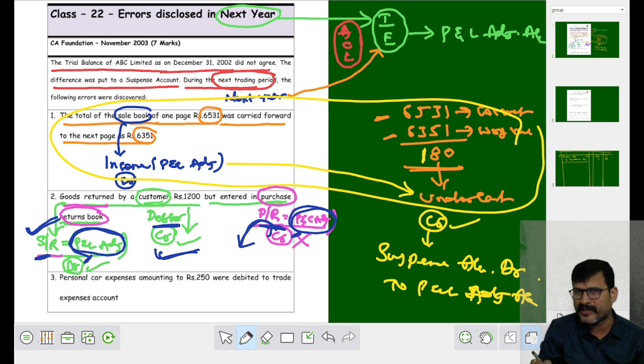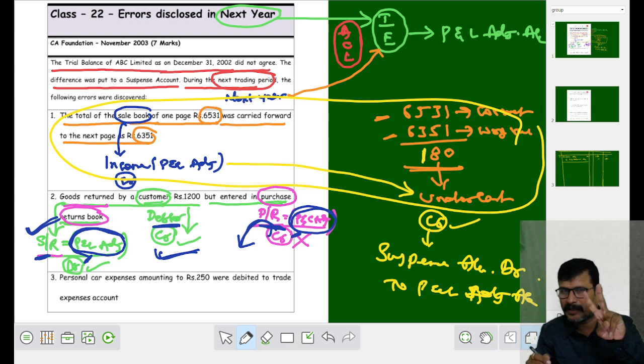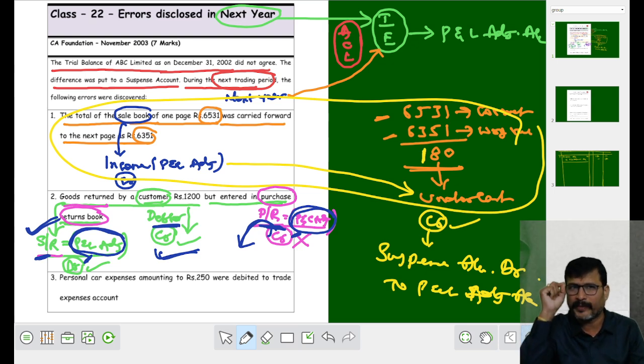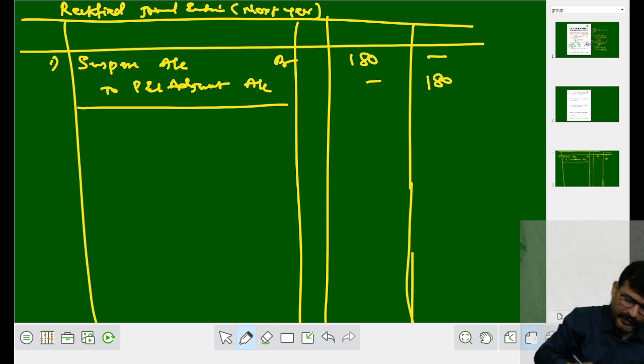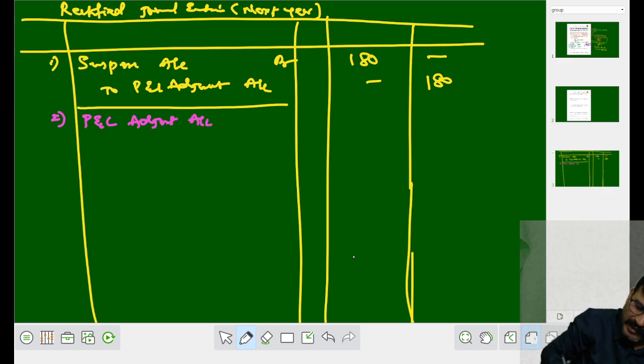How many times does purchase returns come on the debit side? It comes two times. So P&L adjustment account debit, P&L adjustment account debit to debtors or trade receivable. Instead of writing P&L adjustment two times, you have to write only once. Profit and loss adjustment account debit to debtors.